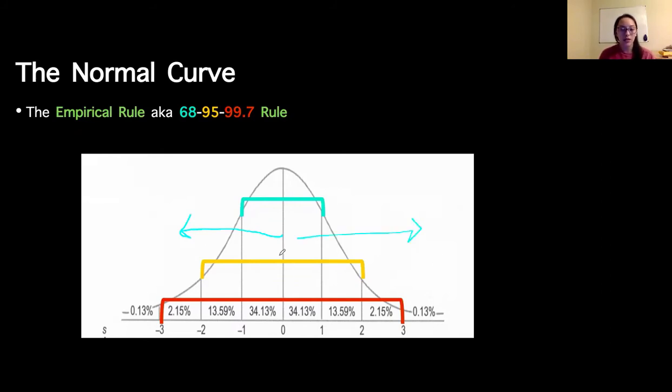So the negative z table should have probabilities from 0 to the 50th percentile, and the positive table should have percentiles from 50% all the way up to 100%.